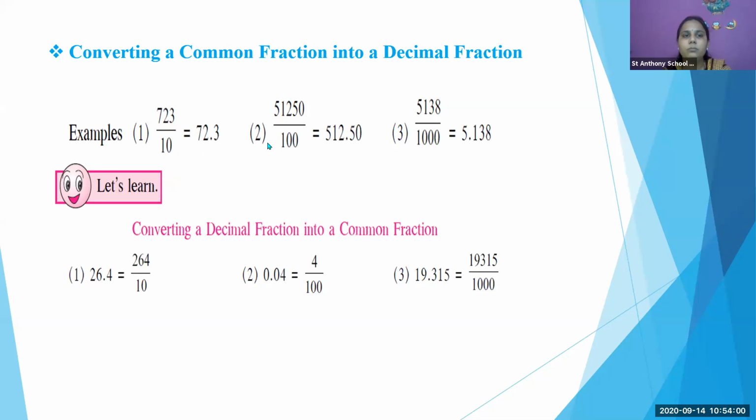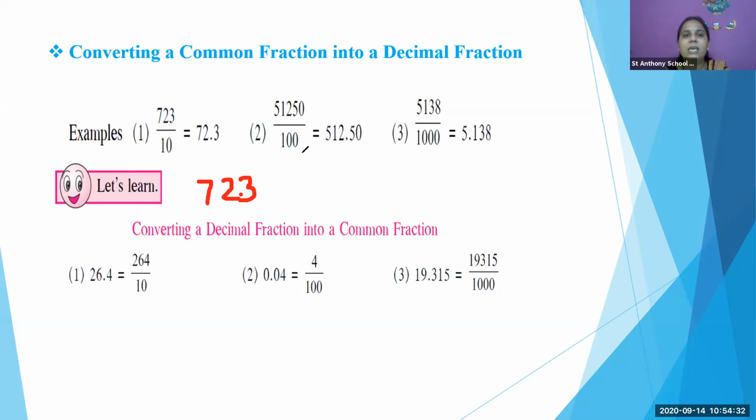If only one zero is there, we'll write 723, but only one zero is there, so we'll put our decimal point here.